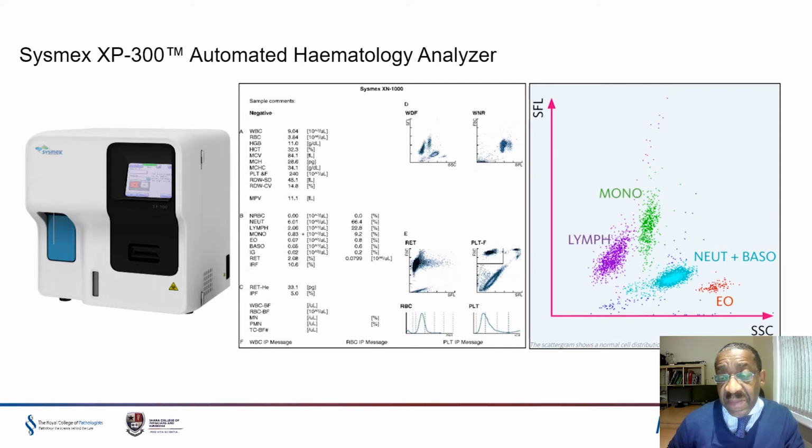The third image shows cells being resolved by their size and their fluorescence, and as you can see, the different cells are separated.